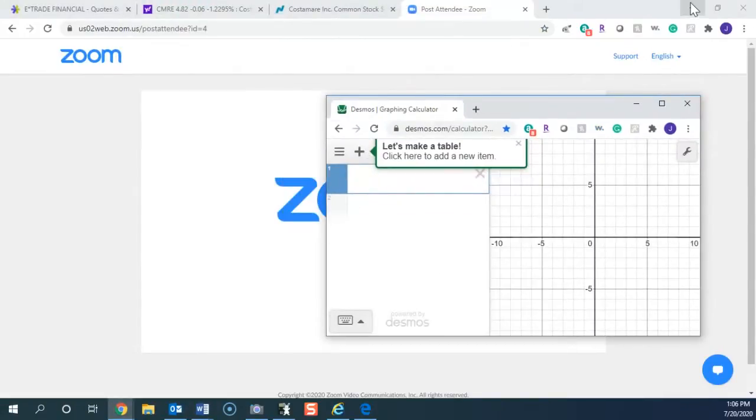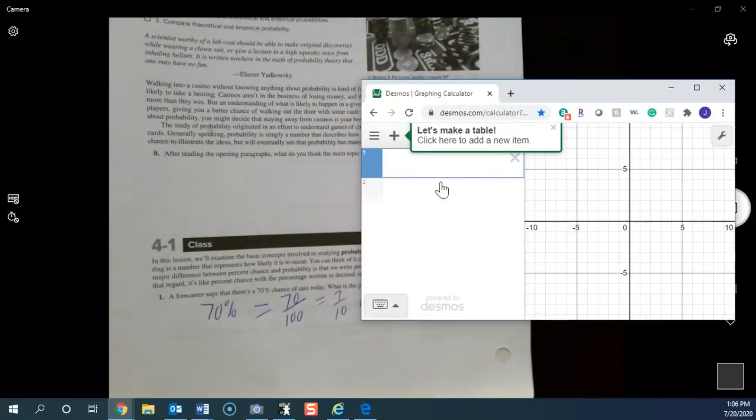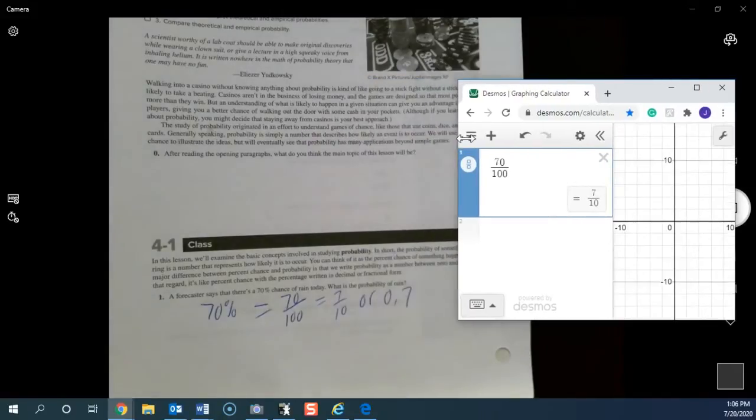Okay, with Desmos, we would do 70 divided by 100. That would give us 0.7, which is our decimal. And then we will hit this fraction bar here. And then it will give us our fraction as well. So that's an illustration of how Desmos would work.